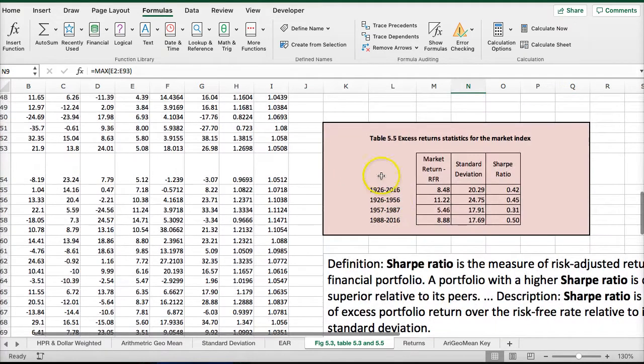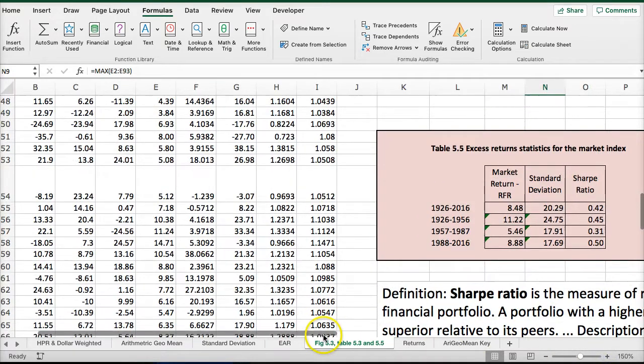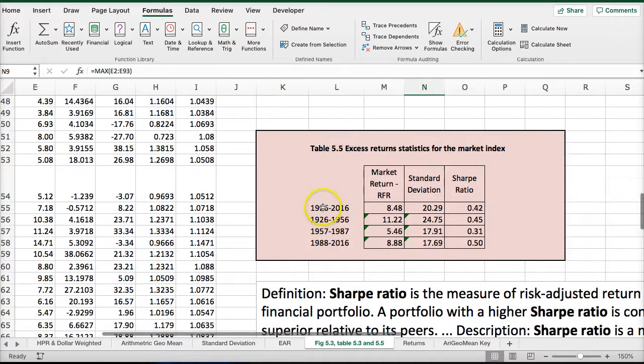So moving down here, putting these ranges of time periods in here, we can calculate the market return as an average for these periods, the market return standard deviation using that same formula, and then the Sharpe ratio.